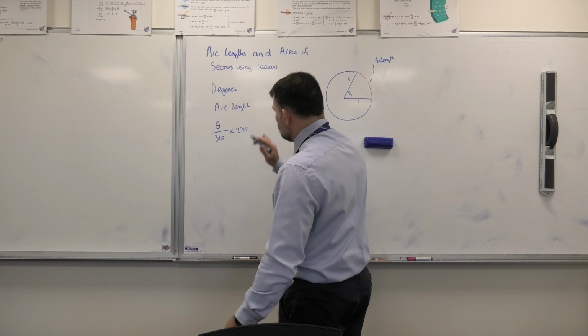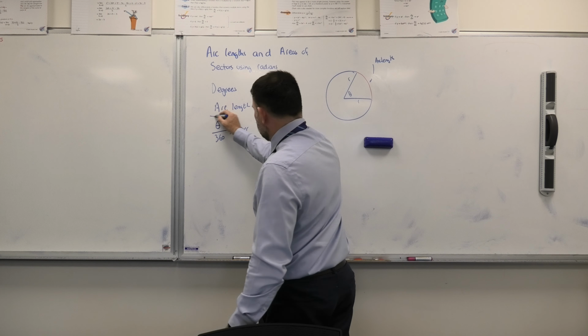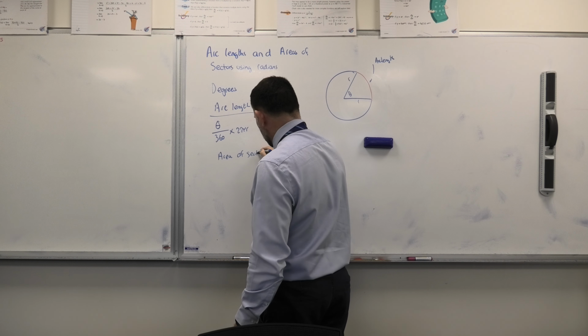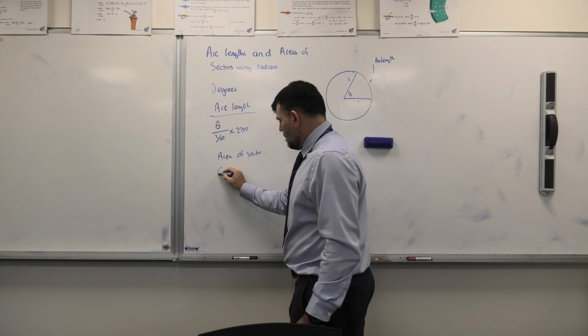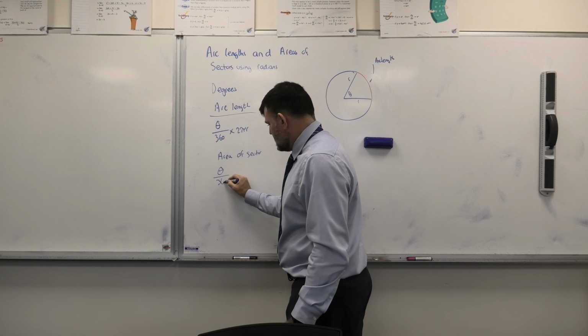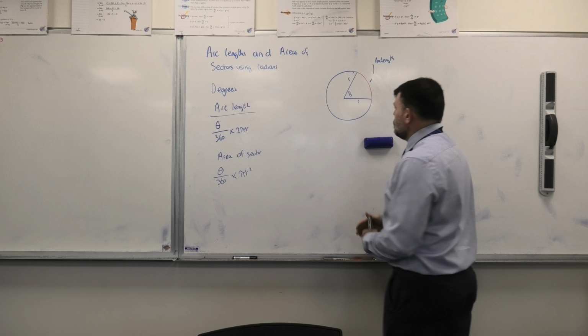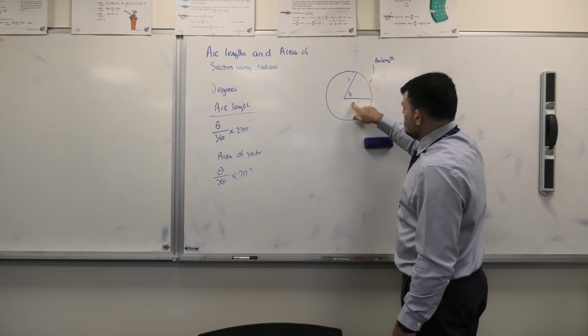Well, we also know that your area of a sector is something similar. It's theta over 360 times pi r squared, which kind of makes sense. It's this degrees over this part of the circle out of all 360, and times it by your radius and pi.